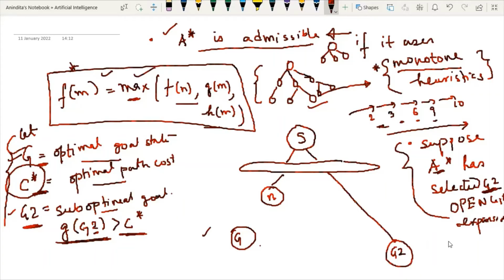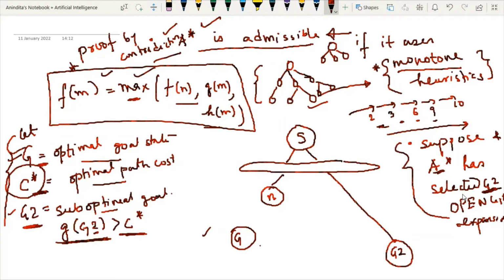But why am I assuming it? Because I am going to use one mathematical technique which is known as proof by contradiction. So we are going to prove this concept by using proof by contradiction. So initially I am just considering that A star has selected one suboptimal goal from the open list for its expansion.